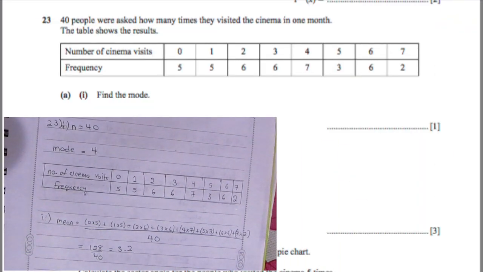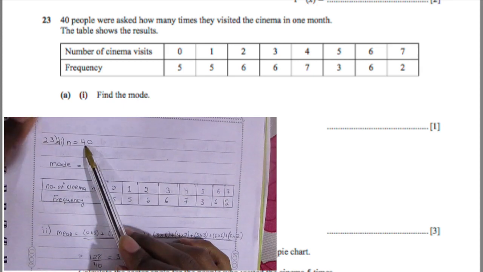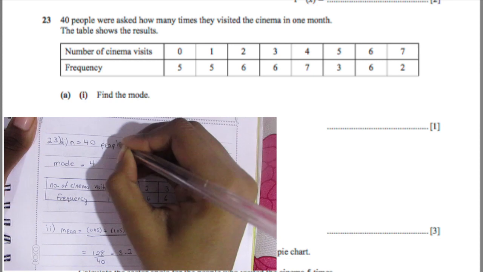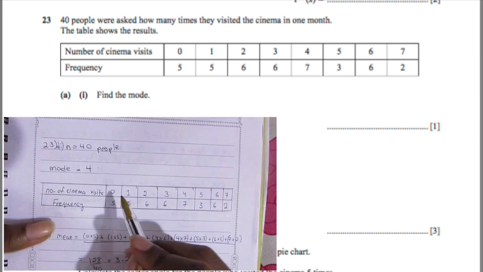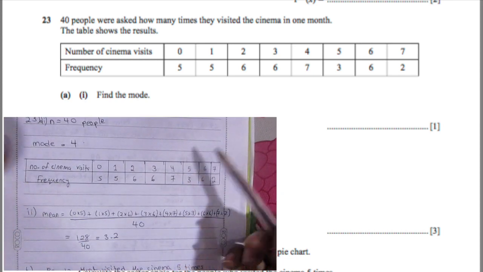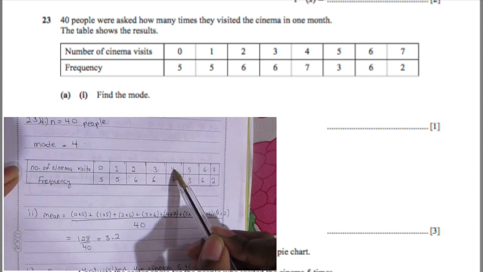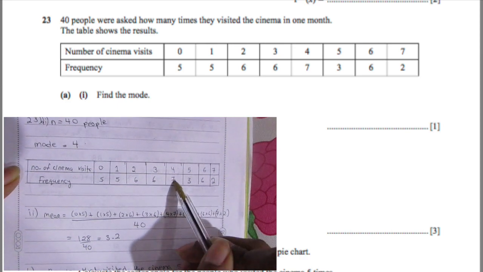Question 23. Number of people is 40. The mode is 4 because if you can tell, the cinema that's visited the most is number 4. This is the cinema that's visited the most with 7 people.